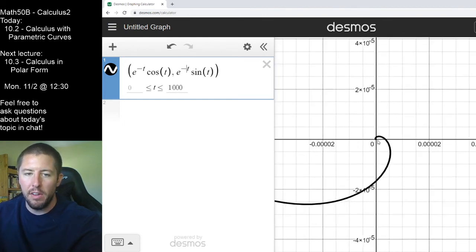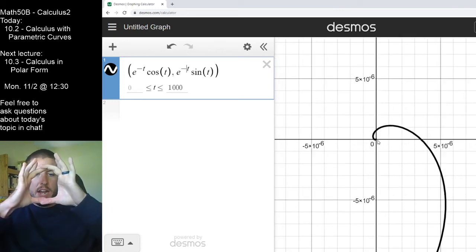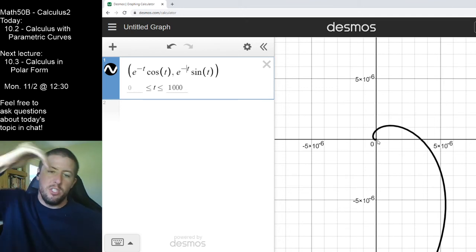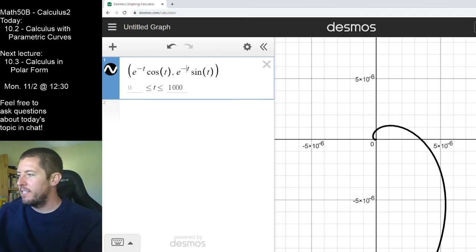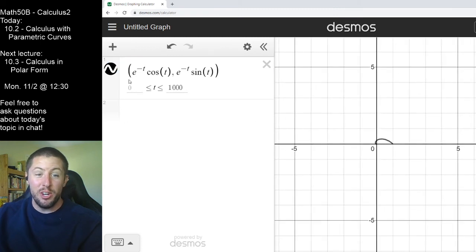So it's still spiraling, but it's spiraling much, much quicker. The slow decay in radius gives us the more visually satisfying spirals. This one's just hooking in there. It's decaying really quickly. So we know our idea of what this thing looks like. And by the way, notice this is all the arc length that I can see from 0 time to 1,000 units of time because it just decayed to a very small radius very quickly right there.